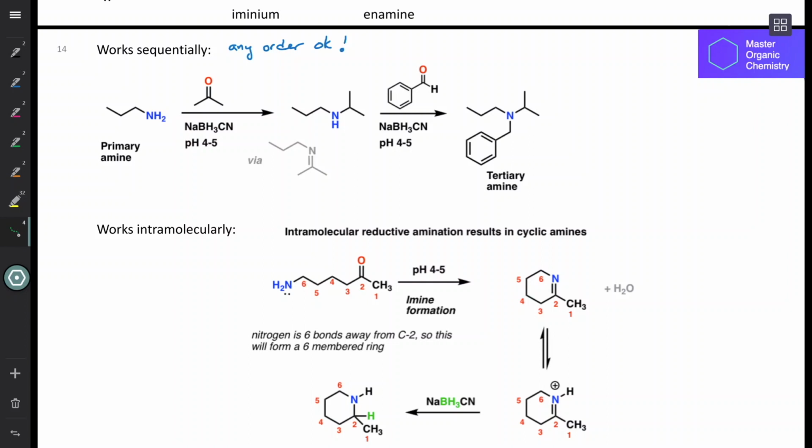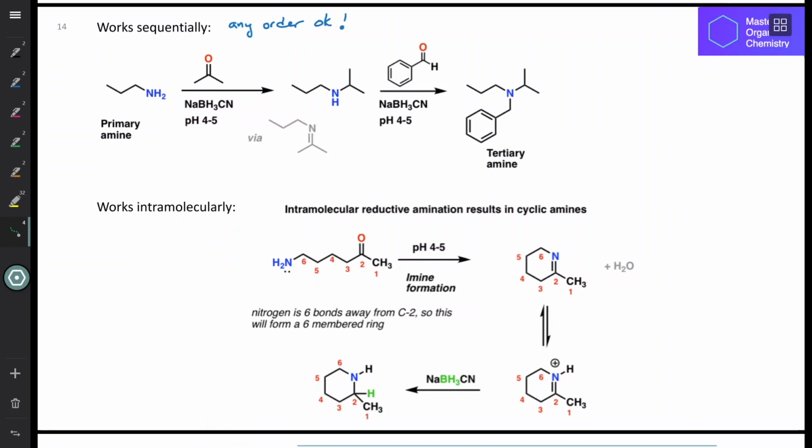And also this works intramolecularly. Lots of things do. So if you have at least 4 carbons, 1, 2, 3, 4, right, between your amine and your carbonyl, then you can do this, right?